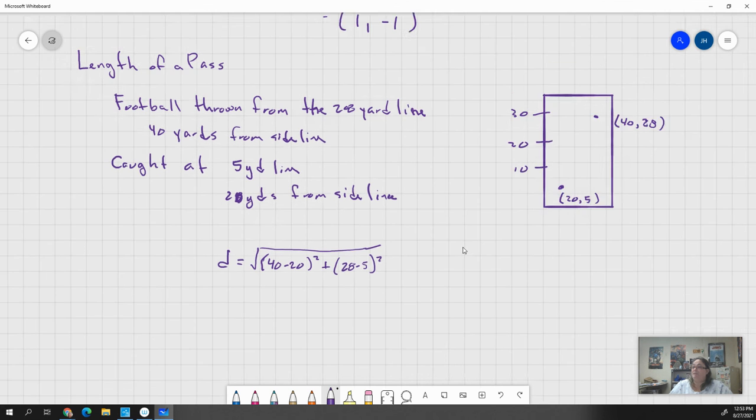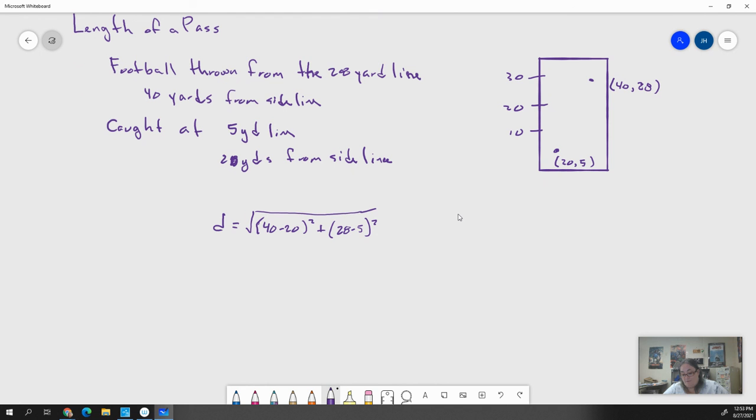Looks like it's going to be a fairly big number. This becomes 40 minus 20 is 20 squared plus 23 squared.